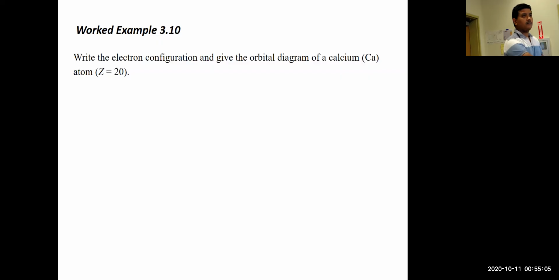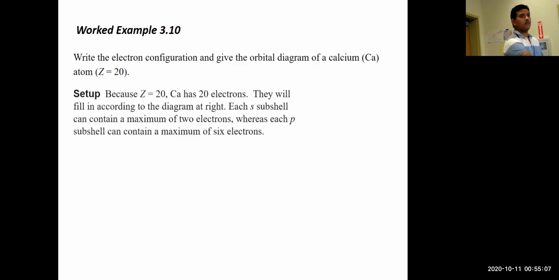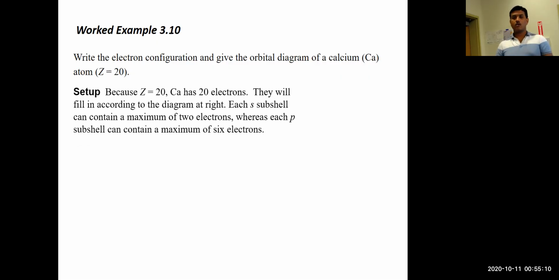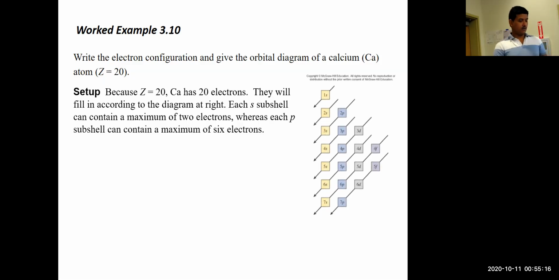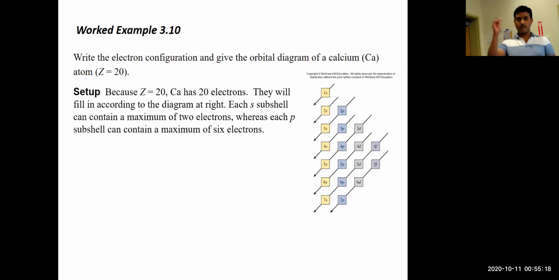Let's see the plan. So now that you know that there are 20 electrons, these are the tools that you need to have: the chart of filling up electrons from low energy level to high energy level, and remember how many maximum electrons you can fill in each of the subshells.